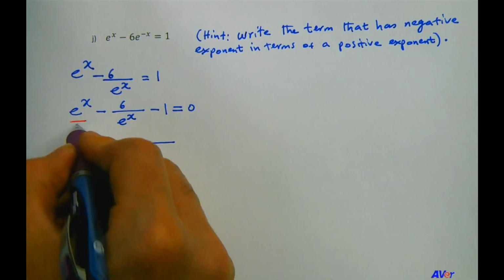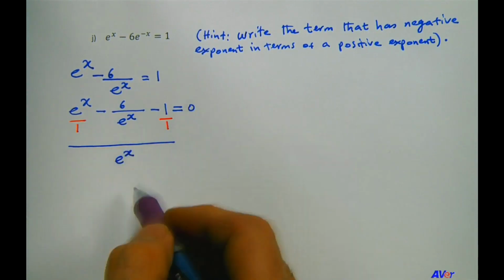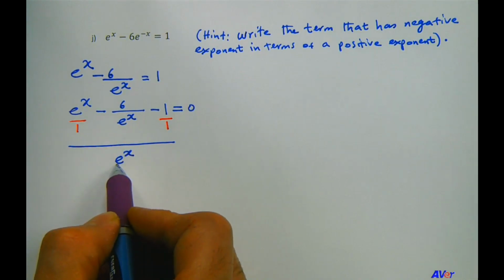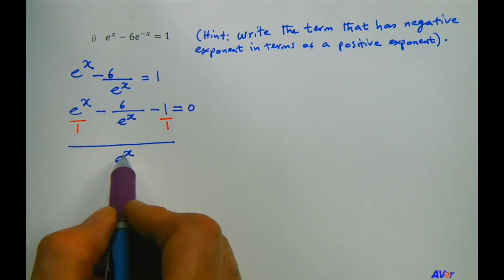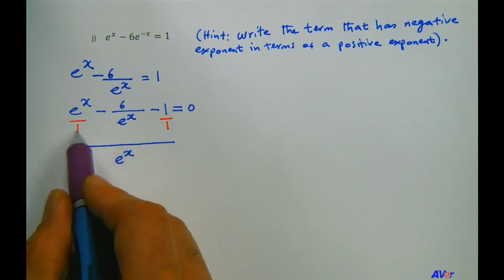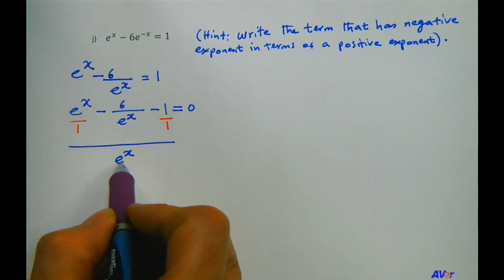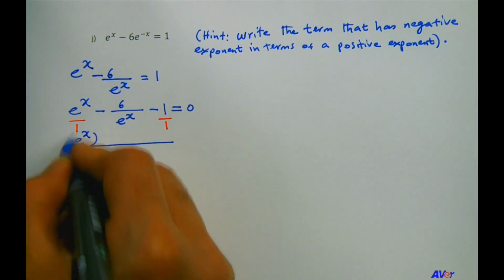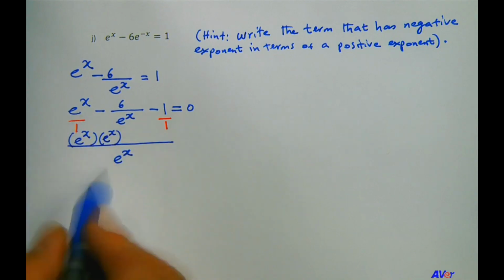The denominator here is 1, the denominator here is 1. Compare this denominator with the common denominator. What is missing from it? e to the x, right? The whole thing is missing. So multiply the numerator by e to the x. So we have e to the x times e to the x.